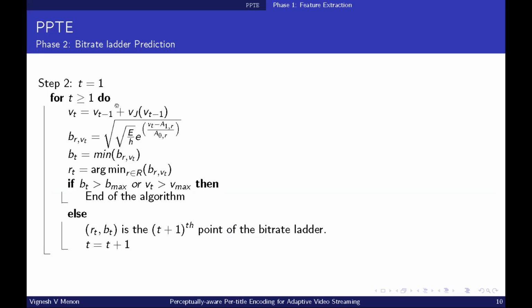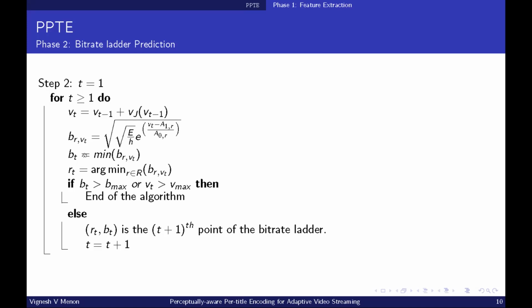For every T+1 point of the bitrate ladder, we expect the target VMAF to be the sum of the previous VMAF plus one JND. The target bitrate of every resolution R to achieve VMAF VT, that is BRVT, is determined as shown in the equation here.